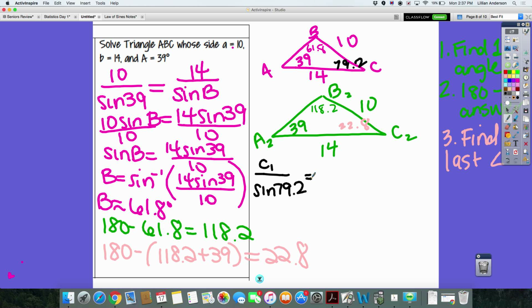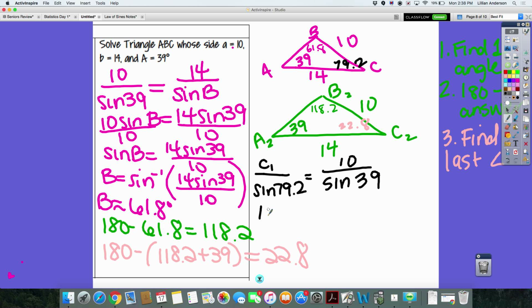Using the law of sines, I would use A. Why A? Because you were given that one. You found angle B. So ideally, we don't screw up. Sine 39. Cross multiply and solve.